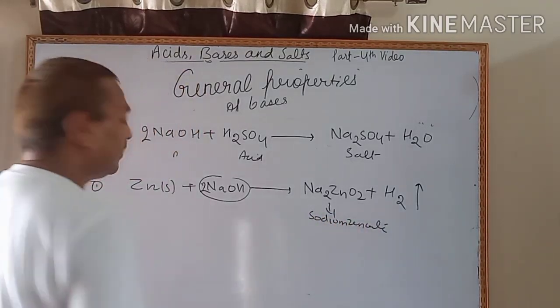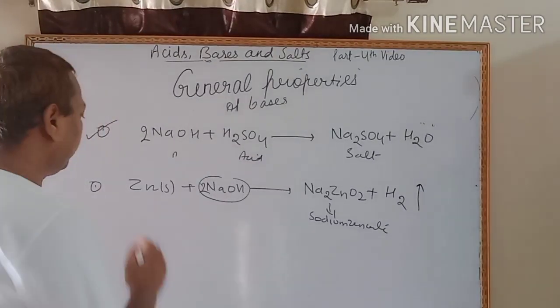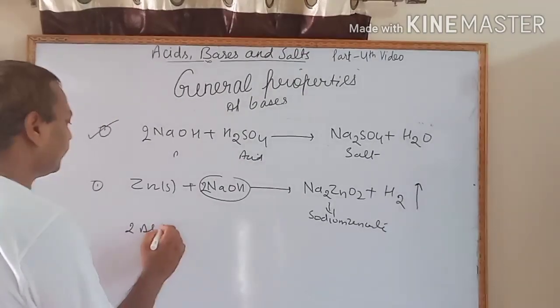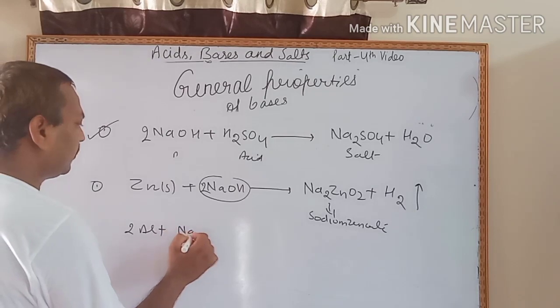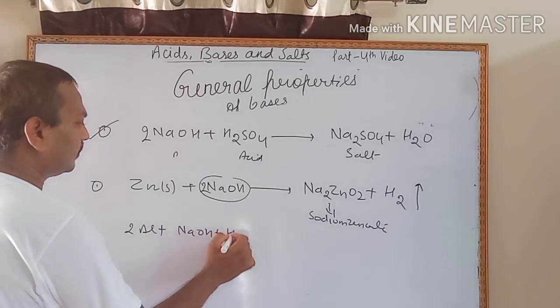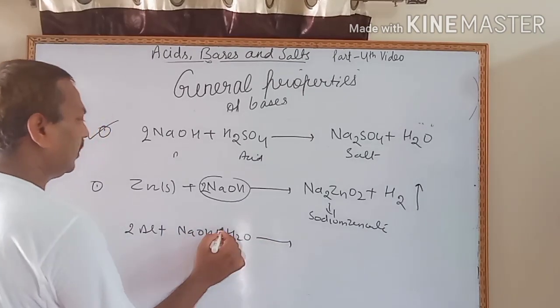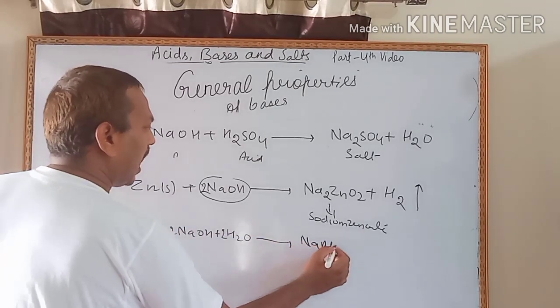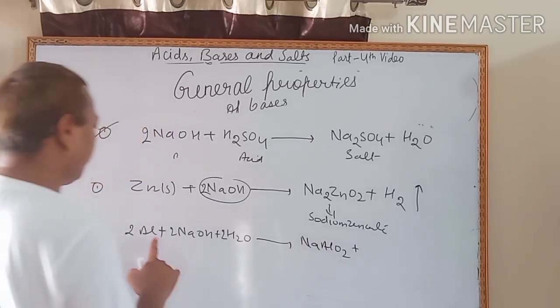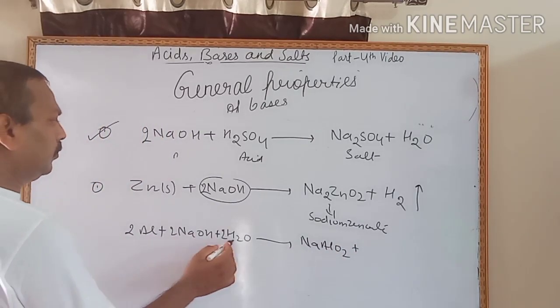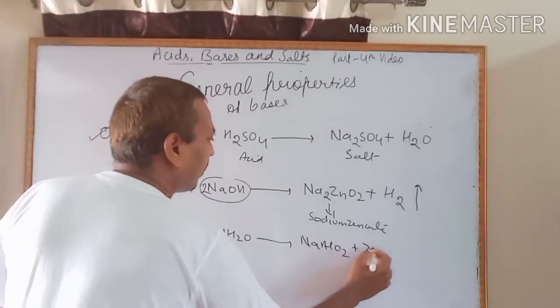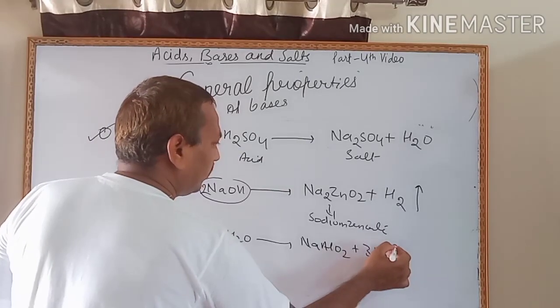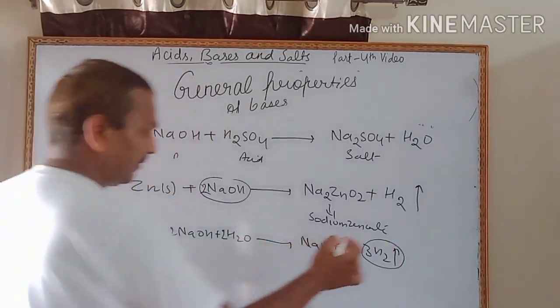Now another reaction we will take, aluminium, NaOH, base and water. Take 2 mole, it will form sodium meta aluminate plus how many hydrogen is here? 2, 4, 6. So 3 mole of hydrogen. So in this case, hydrogen gas is evolving.